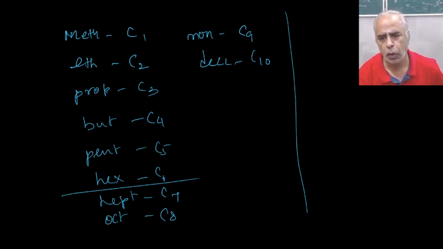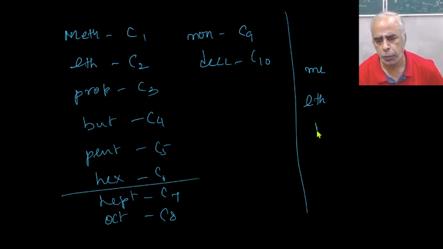Alkanes have the general formula CnH2n plus 2. Meth plus ane is methane. What is the general formula? It has only one carbon atom, so 2 into 1 plus 2, that is 4. Eth, ethane: C2, 2 twos are 4, 4 plus 2, 6. So C2H6. Got it?